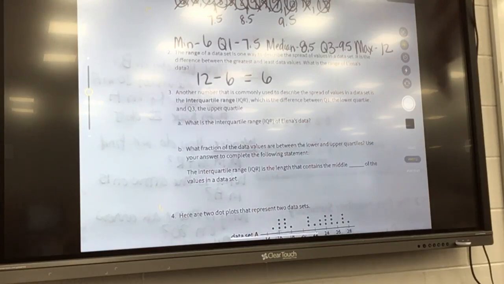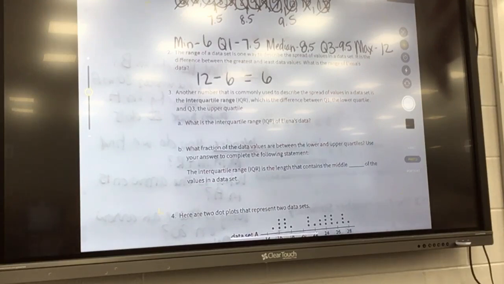How many of you have notes that tell you how to find the IQR? Why is not everybody's hand raised? We did this yesterday.